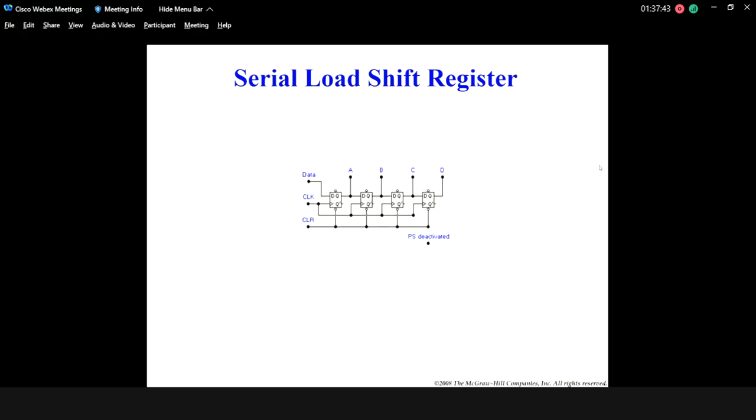So the series data register, this one is a combination using D flip-flops. Preset is deactivated, we do not use preset. The clock is connected to every flip-flop, and clear is also connected to all of them, and the data is only loaded at the first flip-flop.